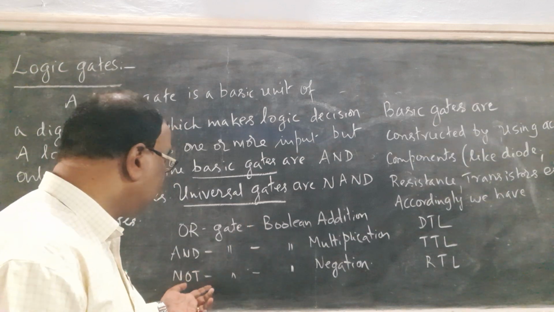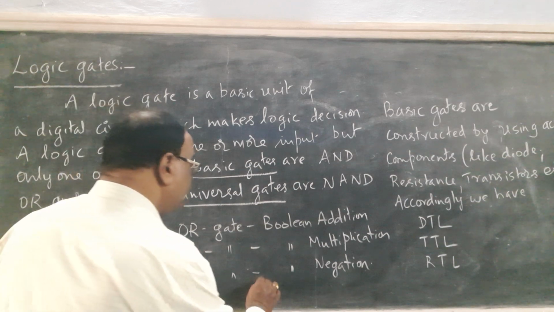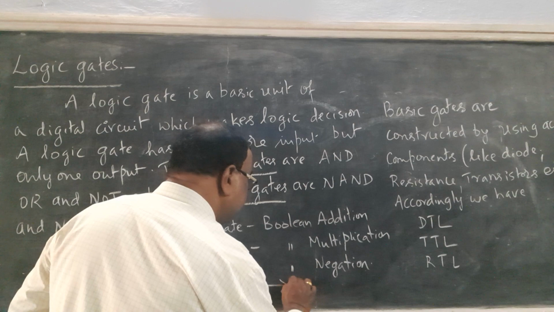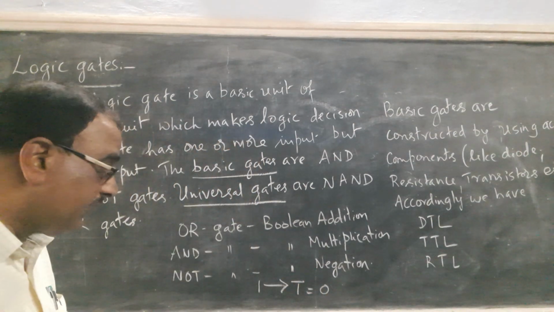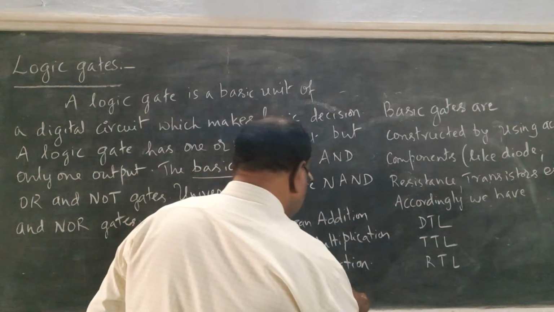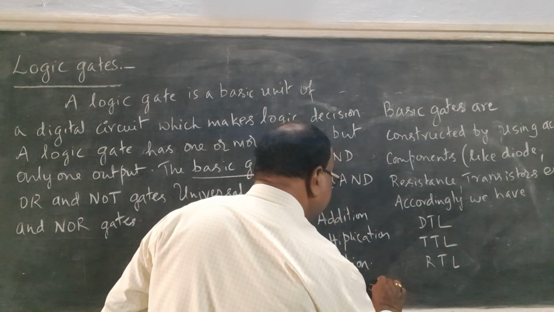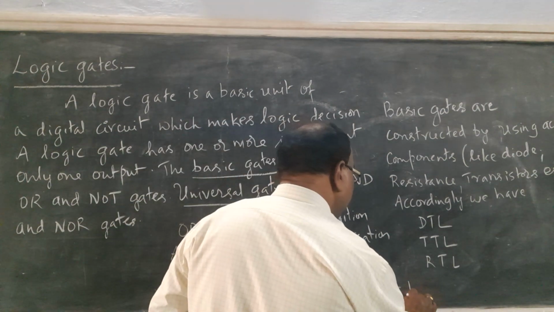In case of the NOT gate, when the input is 1, the output is negated, so we write this as 1 bar, which is equal to 0. Similarly, if the input is 0, it's a negation, we write it as 0 bar, and its value is equal to 1.